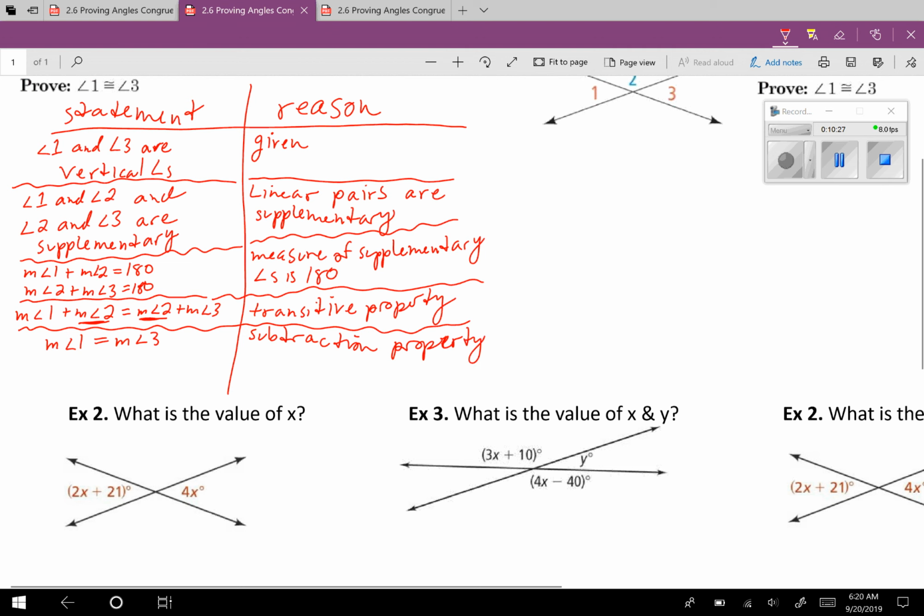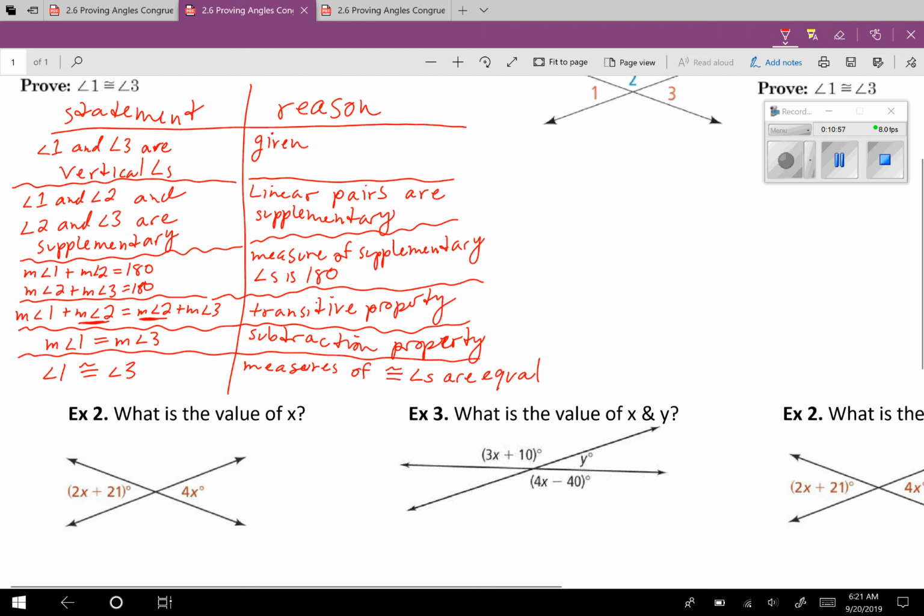Okay, and now we see that the measure of angle 1 is equal to the measure of angle 3. Therefore, we can conclude that angle 1 is congruent to angle 3 because measures of congruent angles are equal.